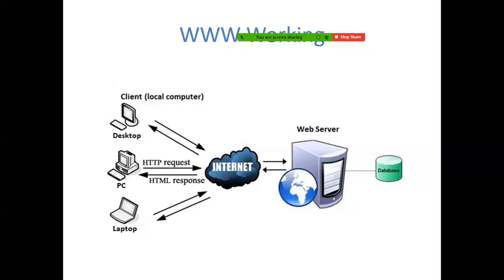Page number 2 to page number 10 are the sub pages. If the user asks specifically for page number 2, it will open page number 2 only. That page number 2 becomes the landing page. If the user doesn't request page number 2, and only requests the website, then the home page becomes the landing page.